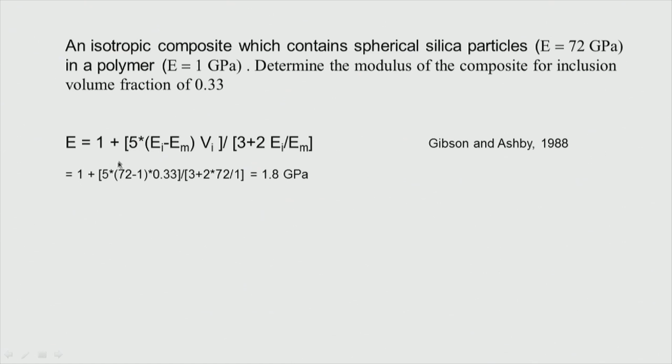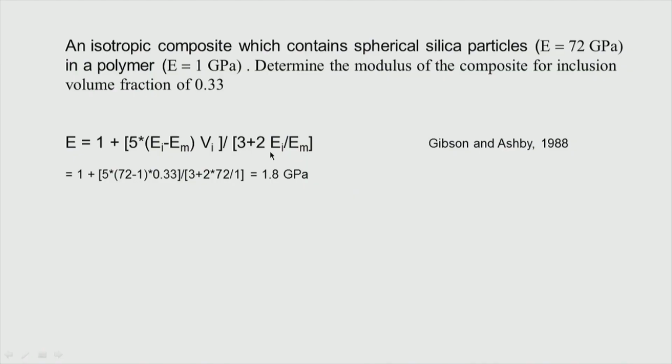So, we just have to substitute 5, 72 minus 1, 33% here, 3 plus 2, again 72 by 1, that gives you 1.8 gigapascal. That is the modulus of this particular composite when you have 33% of silica and rest is the polymer, 33% by volume.